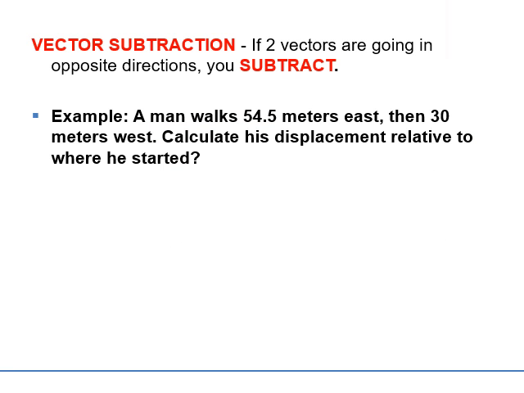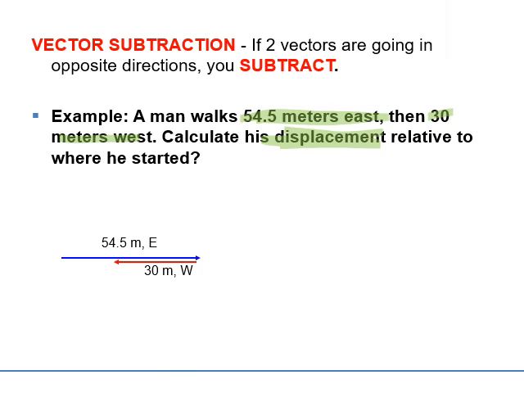So if two vectors are going in opposite direction, you subtract them. So for example, let's check this example. A man walks 54.5 meters east and then he goes 30 meters west. Calculate the displacement relative to where he started. So suppose this is your 54.5 meters towards the east, then 30 meters is just opposite, 30 meters towards the west.